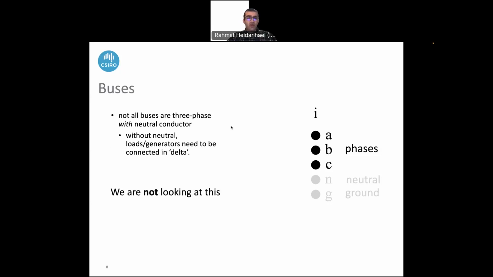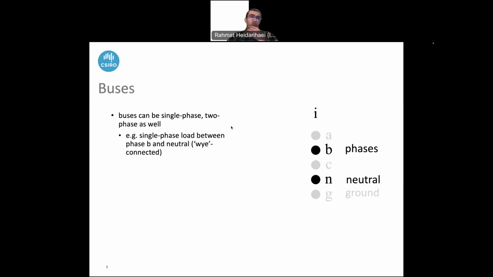So just to mention, this is not the kind of network we're looking at in this work. There are also single-phase networks, where there is a neutral connection, and we also consider this type of network in this study.